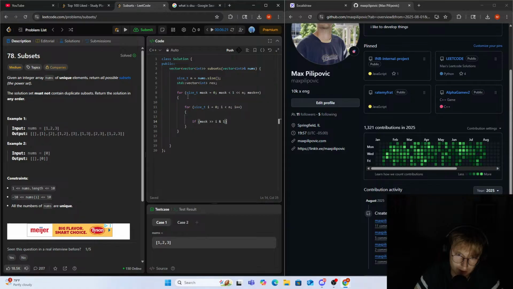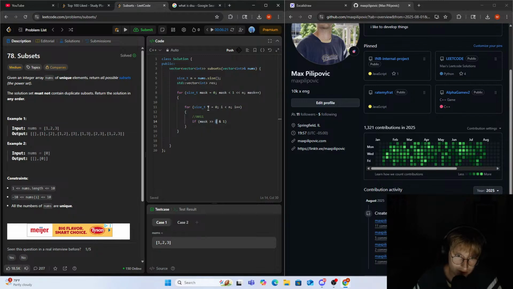Why? Because we have our current mask that we're looking at. We bit shift right by i. Let me do it here. We have 3 as our mask.